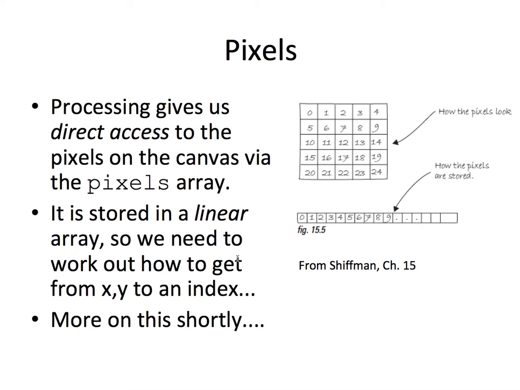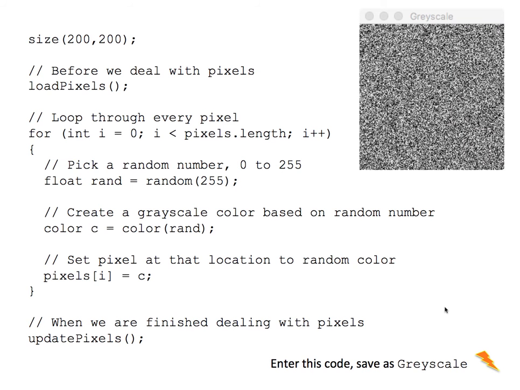Now there's a slight complication in that pixels on the canvas are stored in a linear array. So we need to work out how to go from an XY coordinate to a position in the linear array, an index. And we'll talk about that shortly. But for now, let's just look at a simple bit of code that creates random grayscale noise. And this is all on Blackboard.